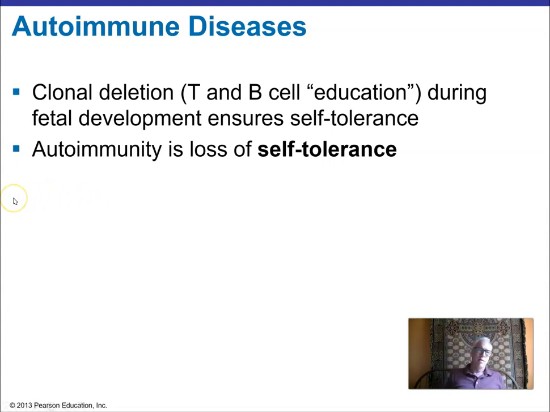The idea is that perhaps during maturation, quote unquote, of the B cells and T cells in the red bone marrow and in the thymus, it hasn't been perfectly completed, so that there are some cells whose unique receptors have a slight tendency to recognize something of self.